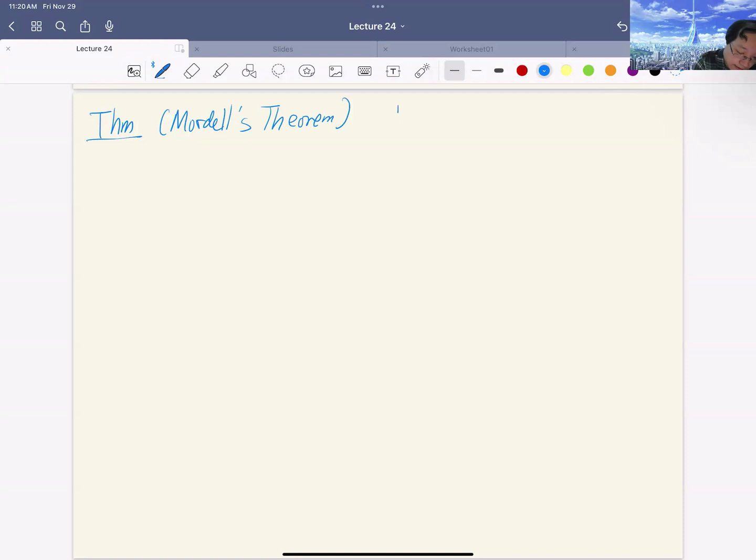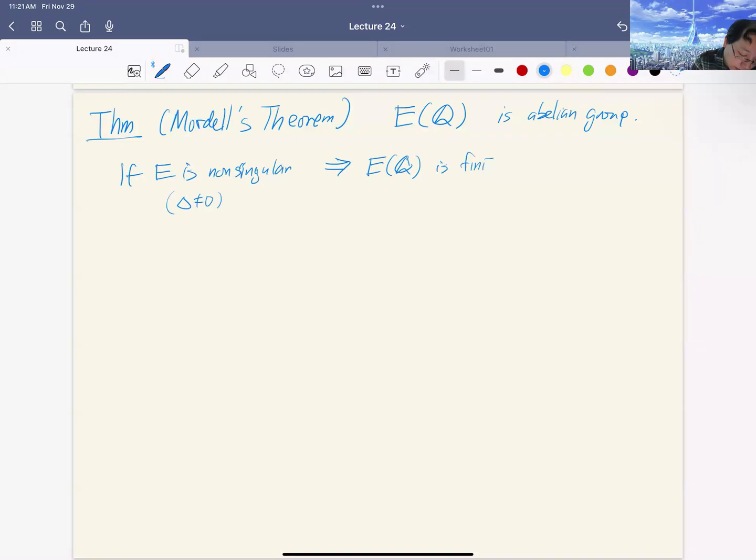So it asks how big this thing is. First of all, this is an abelian group. The theorem says that if E is non-singular, so the discriminant is not 0, then this group is actually not that big. It is finitely generated.